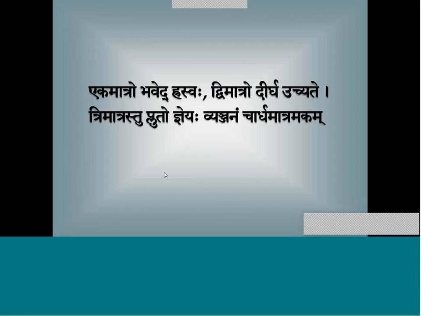Vyanjanam cha ardhamatrakam. The consonants have only ardhamatra, half a unit of time. So short vowels have 1 unit of time, long vowels have 2 units of time, pluta has more than 2 units of time, and consonants have half a unit of time.